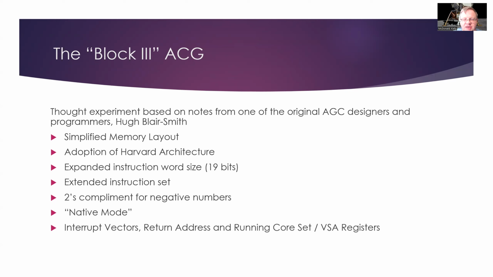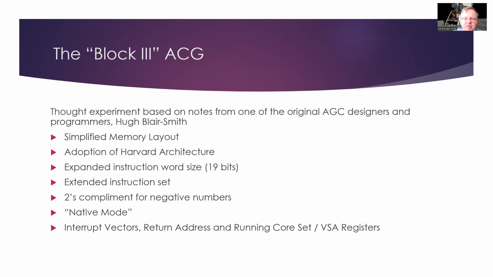Then they had some concept of things like native mode, where they can run the computer in different modes, and introduction of a few additional registers around interrupt vectors, making the interrupt mechanism a bit more flexible, things like return addresses for subroutines, and what they called core sets, so they could run subsets of different bits of programming a little bit more flexibly.